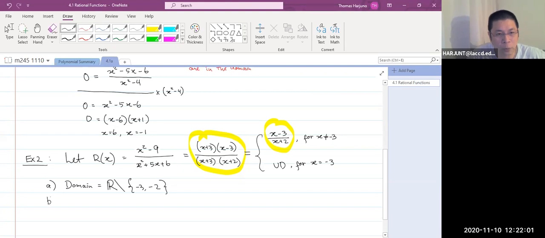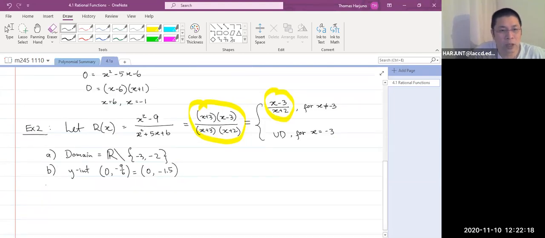Okay, the y-intercept will be 0, -9/6, which is 0, -1.5. So part C, the x-intercept, you basically solve for the numerator.